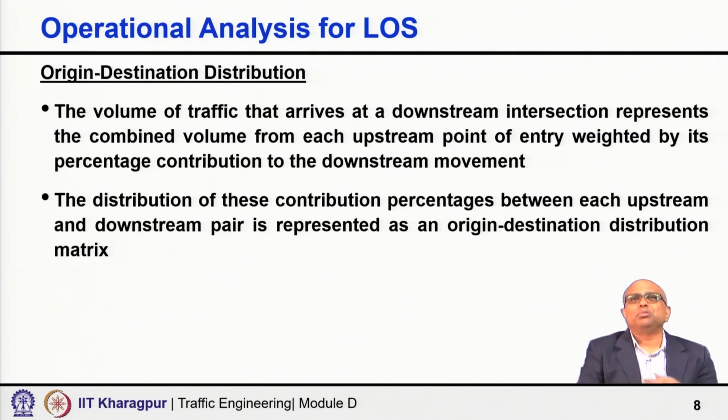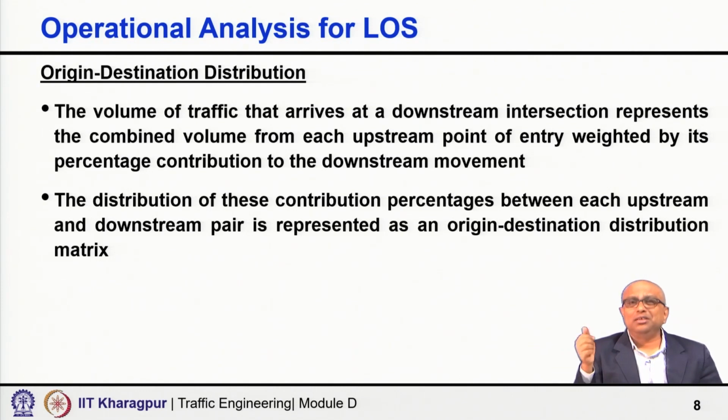The distribution of this contribution, expressed in percentage between each upstream and downstream pair, is represented as an origin destination distribution matrix. So, for the downstream intersection, if it is a through movement, then we must know from all the entry points how much percentage is coming to make this total volume.